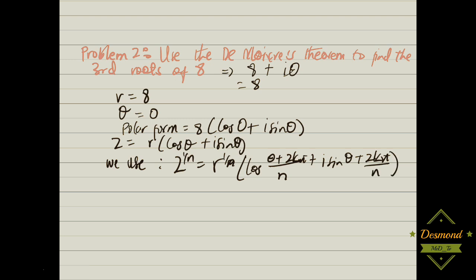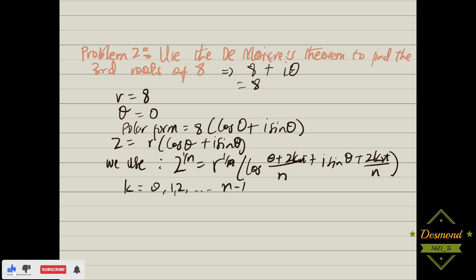Very simple. So whenever you are going to find the nth root of a certain complex number, this is what you are going to use to find it. So here we have k to be 0, 1, 2, up to n minus 1.